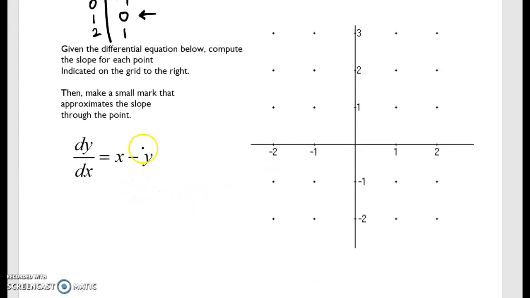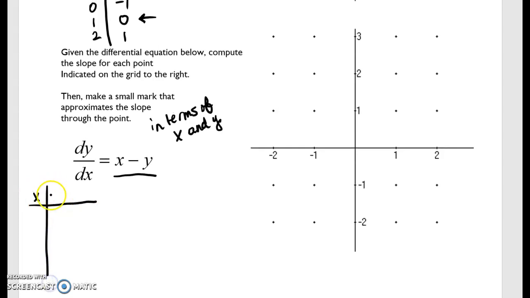All right. In our second slope field here, notice that this is in terms of x and y. That means we're going to need to consider both the x and the y coordinates when we're sketching our slope field. And so when we make a table of values, there are different ways to do it. I'm just going to make a chart that has x, y, and x minus y in it.